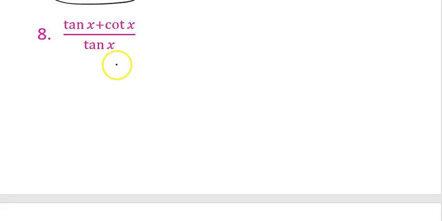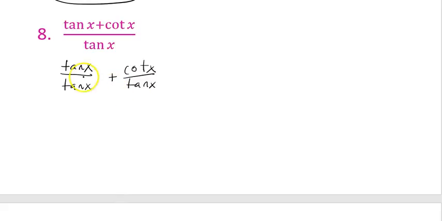It's just the reverse of what we normally do when we get a common denominator and put fractions together. Reverse that one step and say that is tangent over tangent plus cotangent over tangent. And again, you're normally working from this step and going to that step, but we're trying to simplify, so this is going to help.